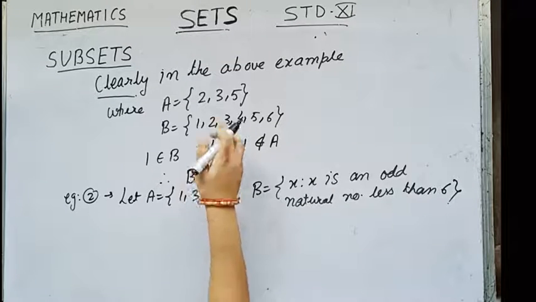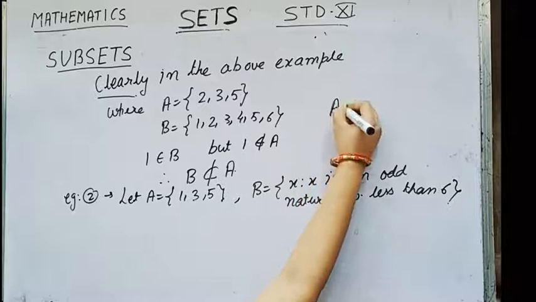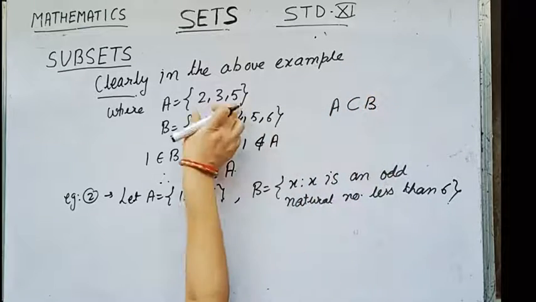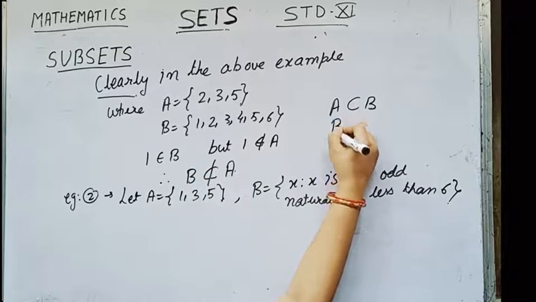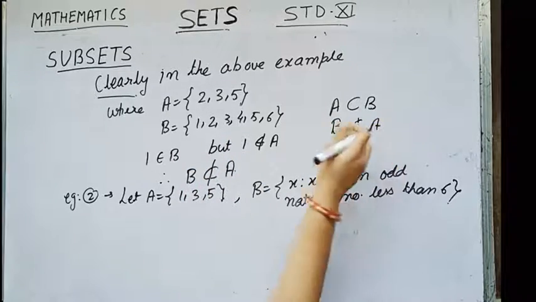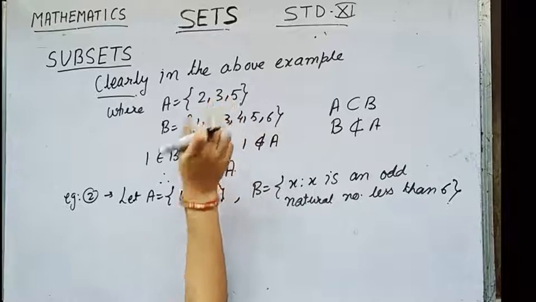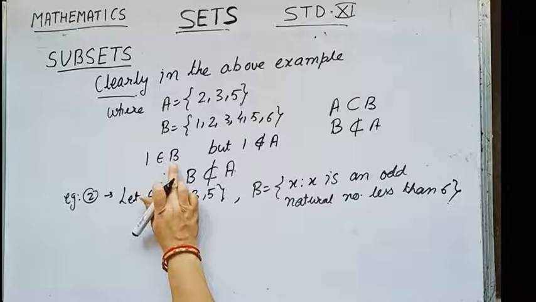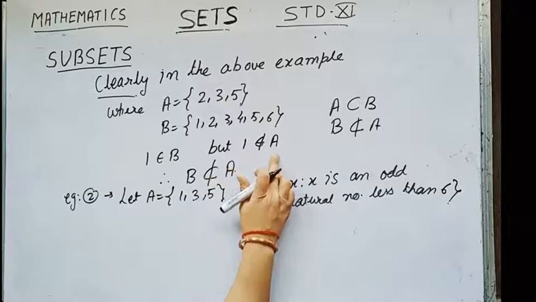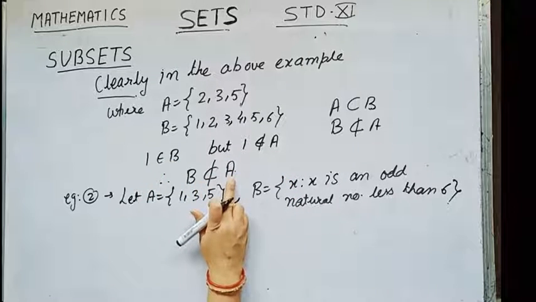A is a subset of B because each element of A is contained in B. But B is not a subset of A as all the elements of B are not contained in A. Here we have taken one example, that is 1 belongs to B but 1 does not belong to A. So B is not a subset of A.